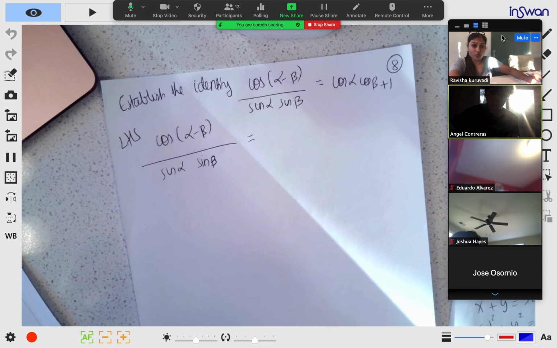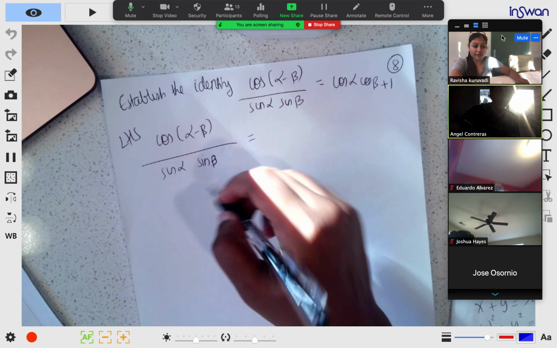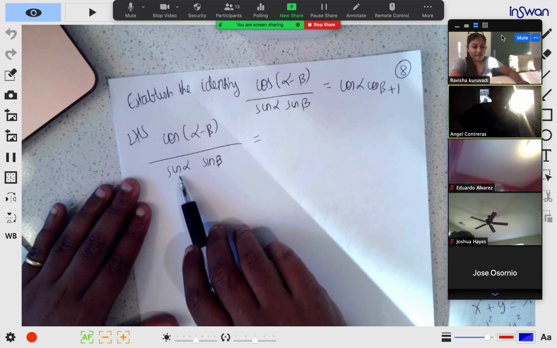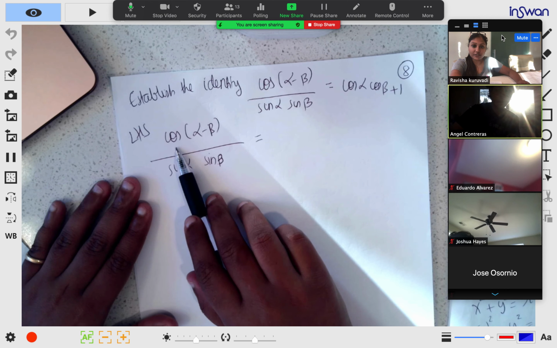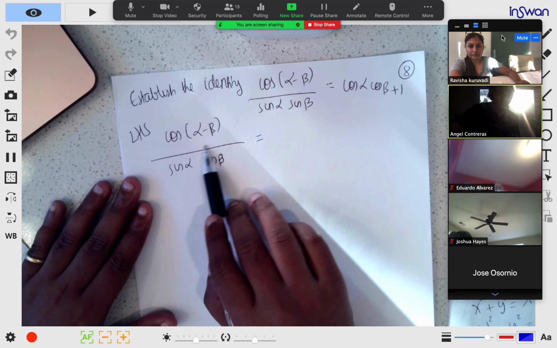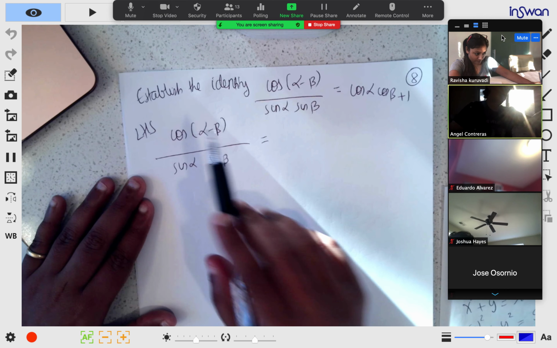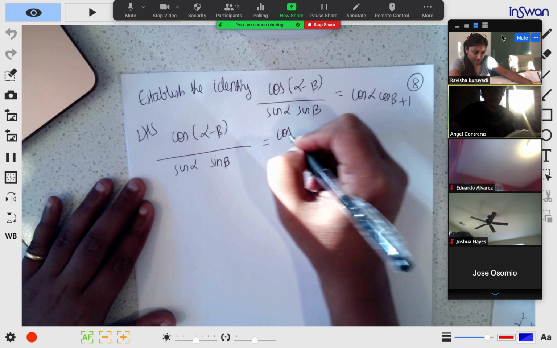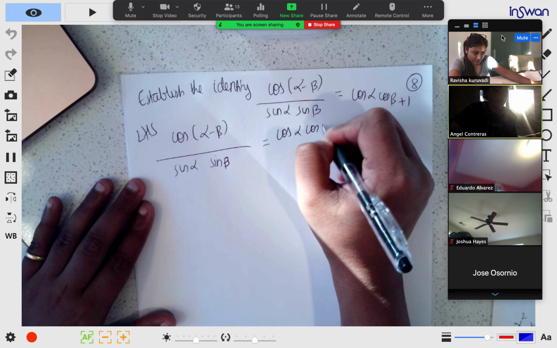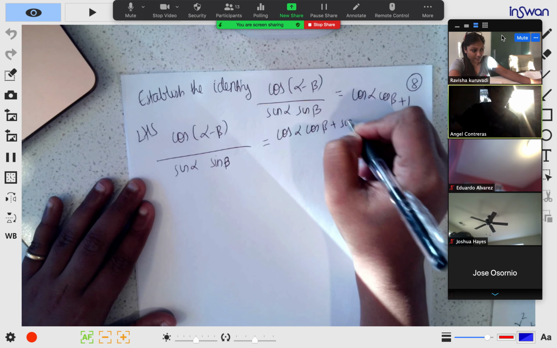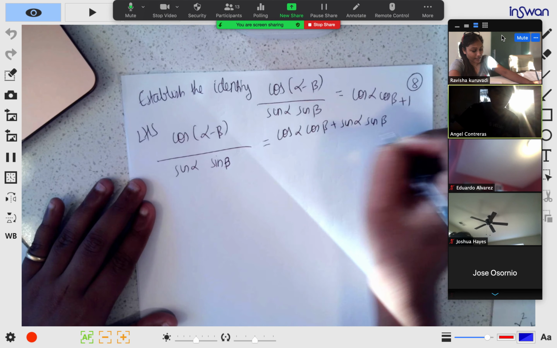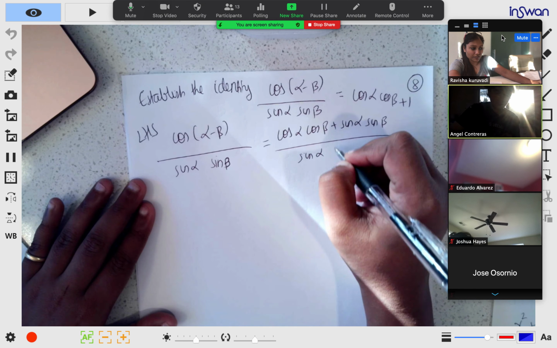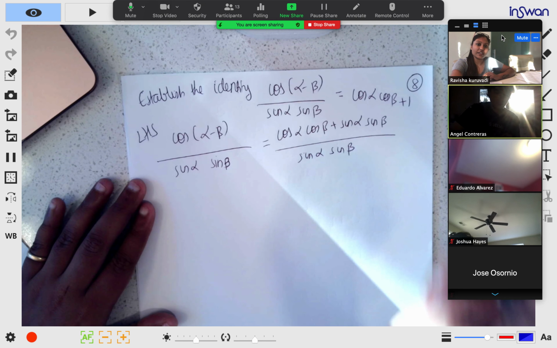Let's simplify; don't worry about the right-hand side right now. I have cosine of alpha minus beta. Can you expand this? Yes, it's cosine alpha times cosine beta plus sine alpha times sine beta. Perfect. And then you have this divided by sine alpha sine beta. Is there anything else you can do?